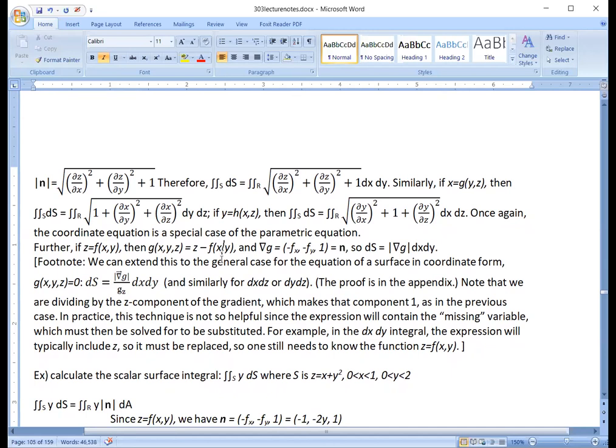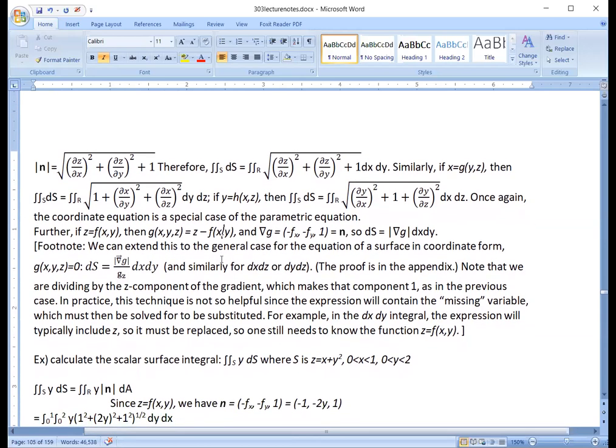So calculate that out. Remember the function for the surface was just z equals x plus y squared. So negative df/dx on that is negative 1. df/dy is just 2y, so negative is negative 2y, and then 1.